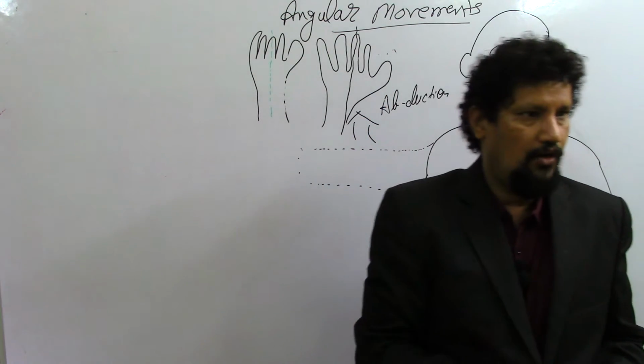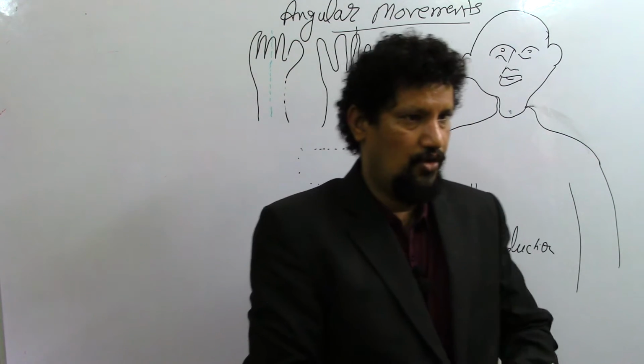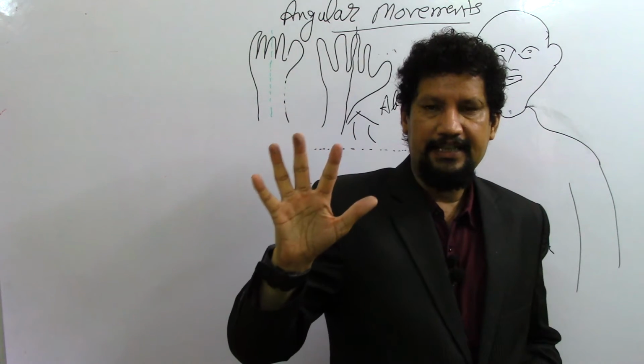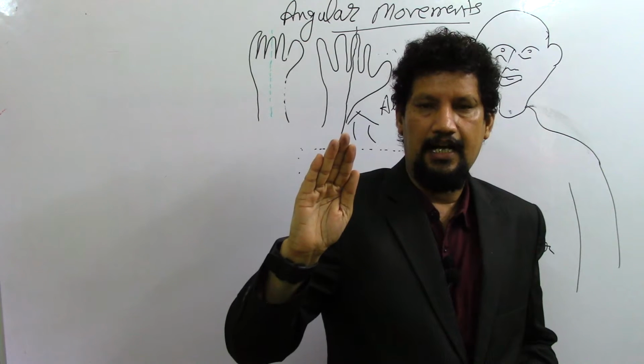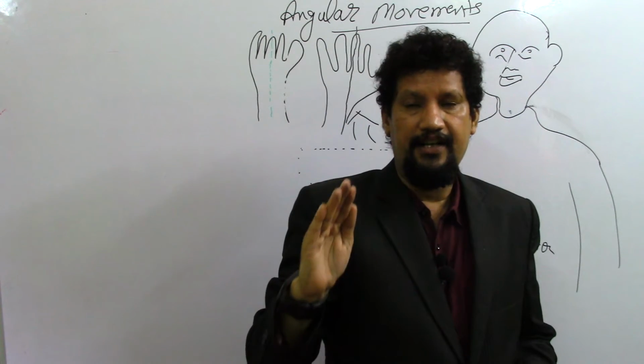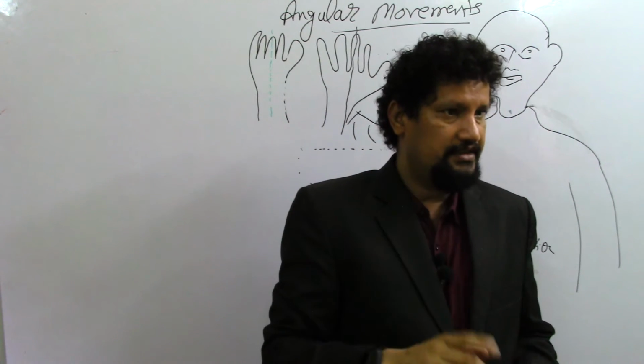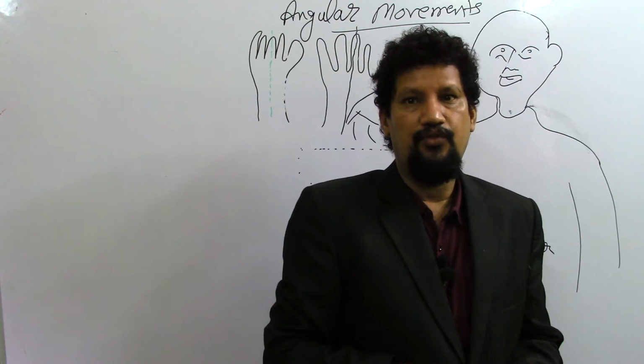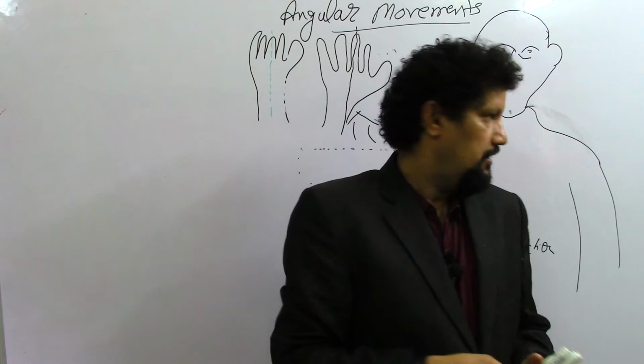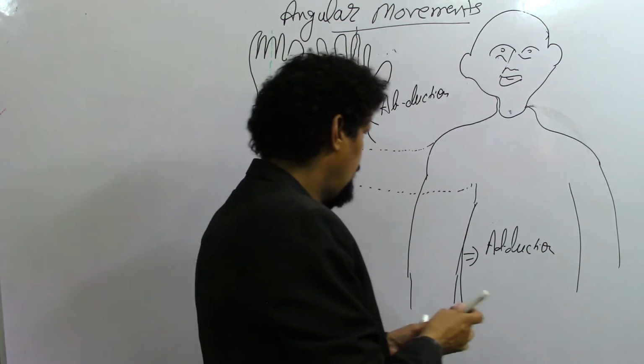In case of the foot, the toes, abduction and adduction are taking place in relation to the axis or line passing through the second toe.